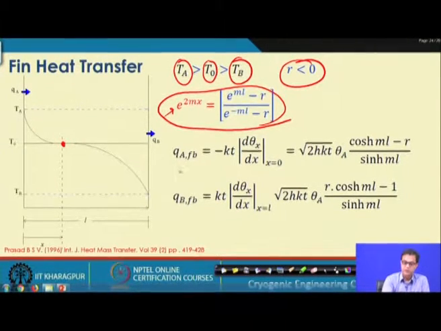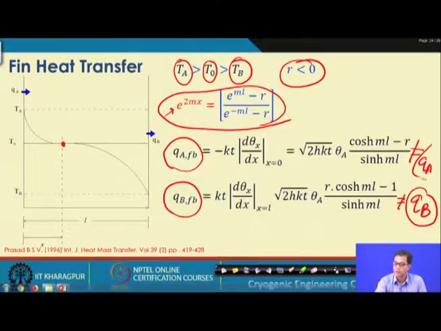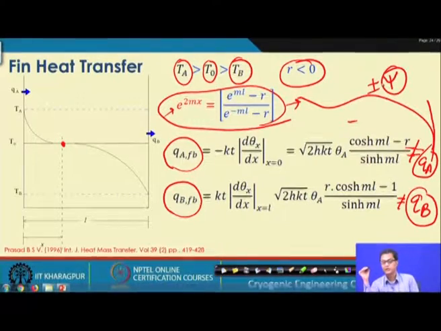Here you see the fin base Q A and fin base Q B are not similar to the Q A and Q B expressions that we obtained based on the length. Because this length was different, the x that we estimated for this Q A was taken from this x, and that is why our Q A and Q B expressions had a plus minus psi term.